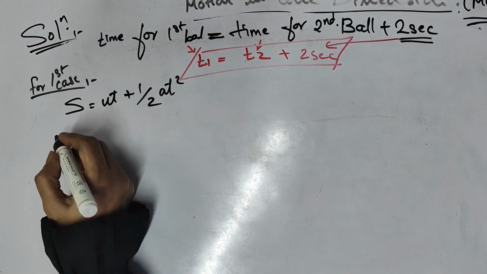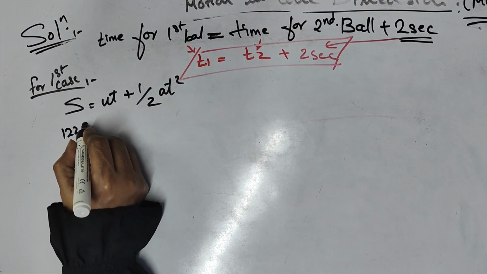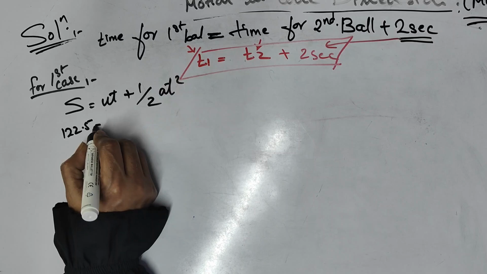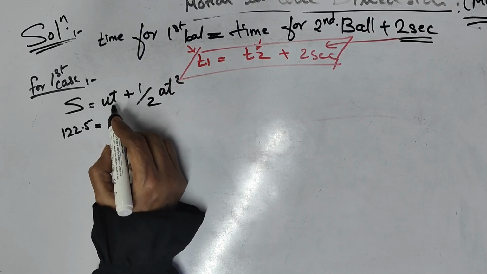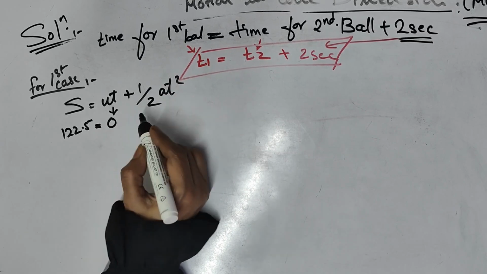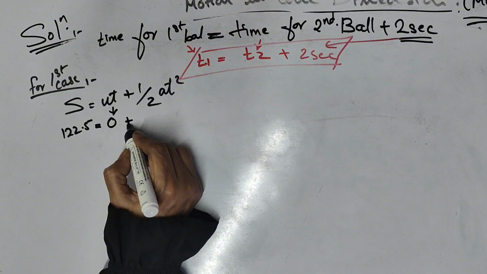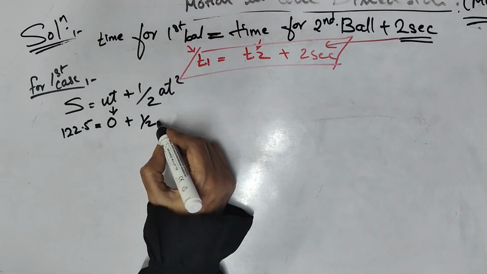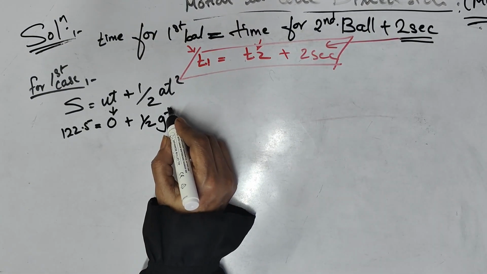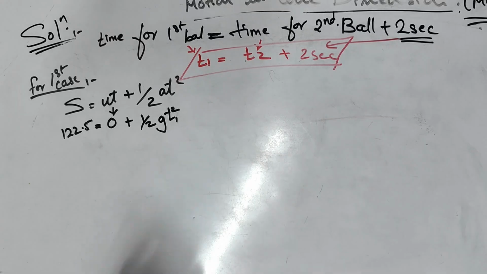Now putting the values, 122.5 is equal to 0 plus half g t1 square.